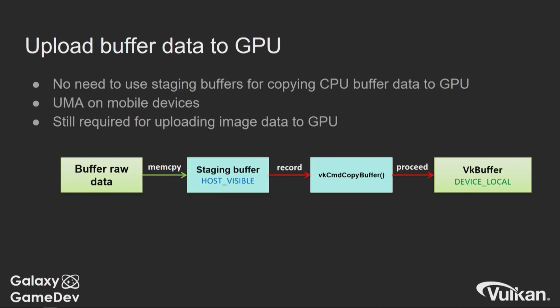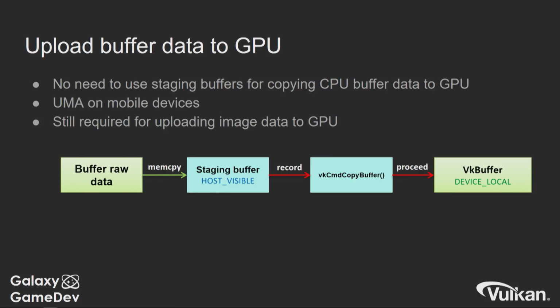From PC experience, you may know that uploading buffer data happens through a staging buffer because you have to transfer your data from system memory to video memory. It usually goes like this: you copy your raw data to a staging buffer with CPU access.